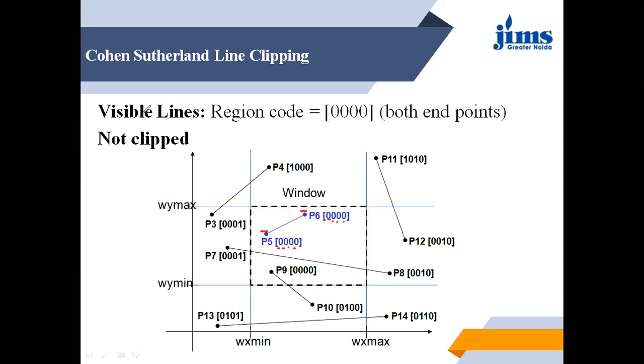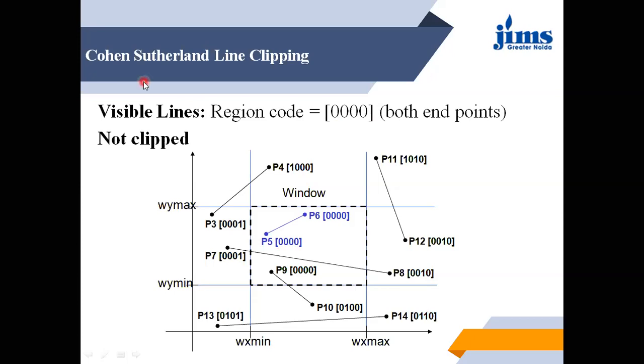So a line is visible when the region code of both the endpoints is 0000. So there is no need to clip the line, or we can say the line is completely visible. This is the case of visible lines.